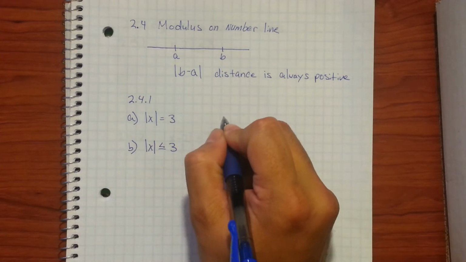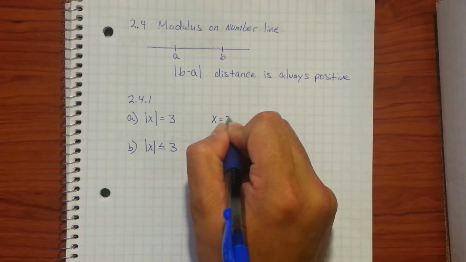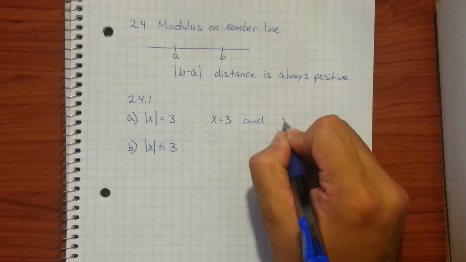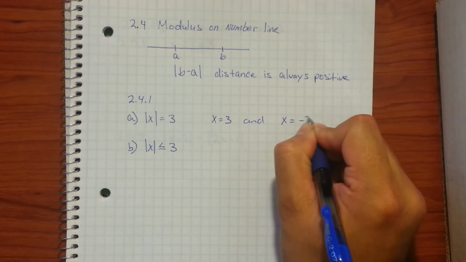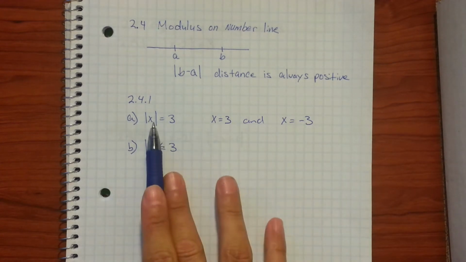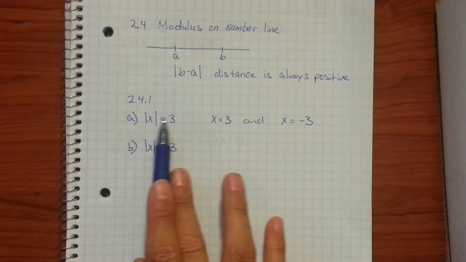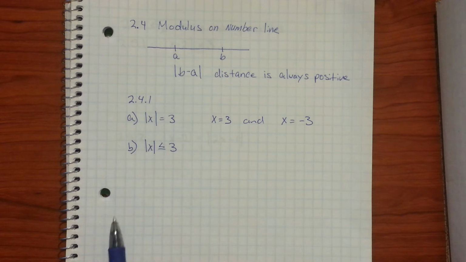So I'm going to make a statement that x is equal to 3 and x is equal to negative 3. I'm going to take this statement right here as is, x is equal to 3, and I negate it also because x could be equal to negative 3.